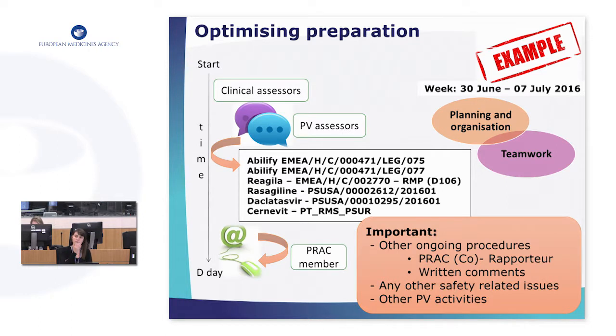So we need to plan and organize to guarantee that the clinical assessor has enough time to look at the documentation and do the assessment report, and we also give our input. And this all needs to be ready so that the PRAC member looks at the report and gives her feedback in order to circulate the assessment report on the defined day, because we try to circulate the reports in time to guarantee that other member states have enough time to comment if they want to.